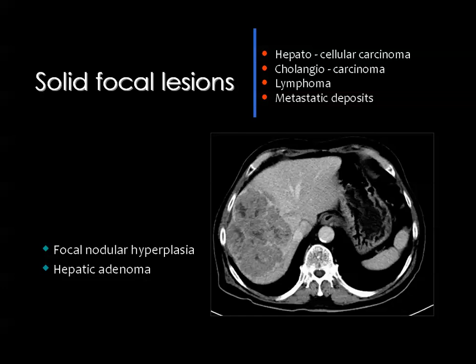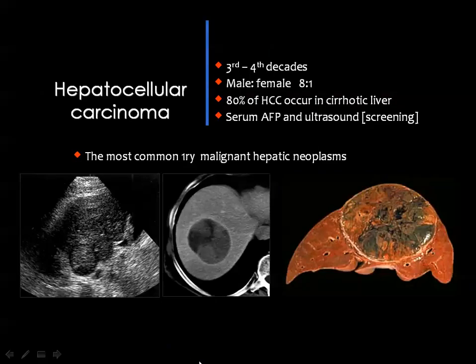The four common solid malignant lesions in the liver are hepatocellular carcinoma, cholangiocarcinoma, lymphoma, and metastatic deposits. Then we'll have the benign aspect of solid lesions, including focal nodular hyperplasia and hepatic adenoma.